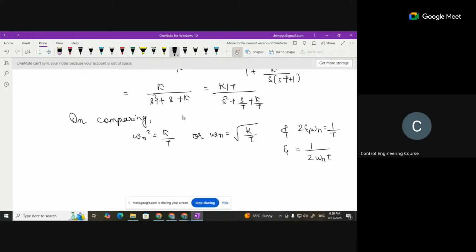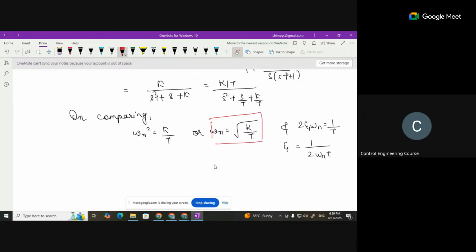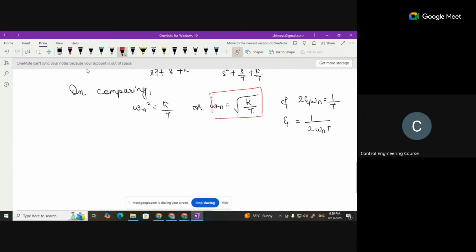And now we have the value of omega n as root over K by T. Can I substitute it in this expression? So what will it become? 2 root over K by T into T square, if I write this T as T square here. So I'll get 1 by 2 root over KT. Fine?